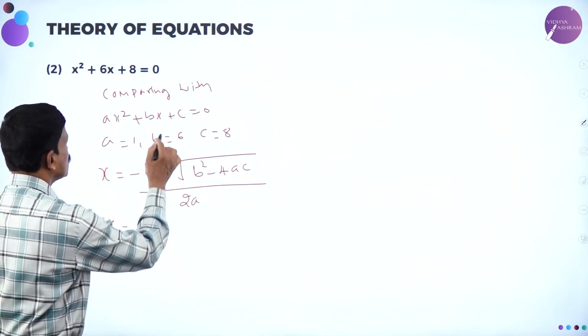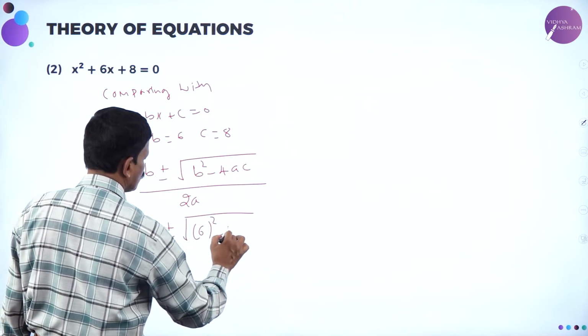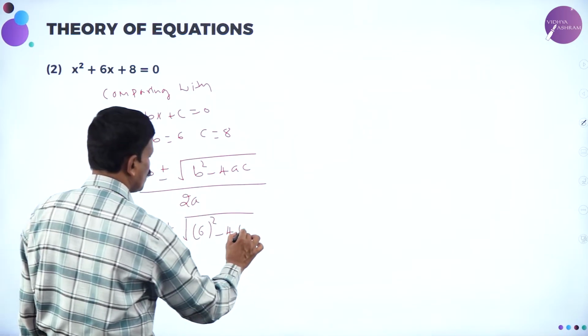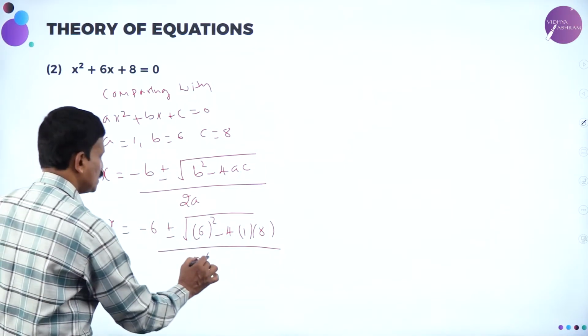x is equal to minus b, 6, plus or minus root of b square, 6 square, minus 4 into a is 1 into c is 8, divided by 2 into a is 1.